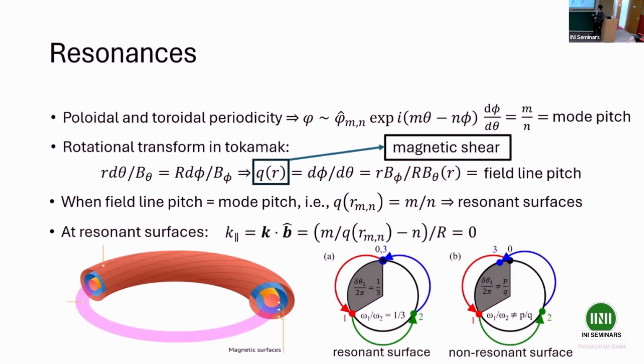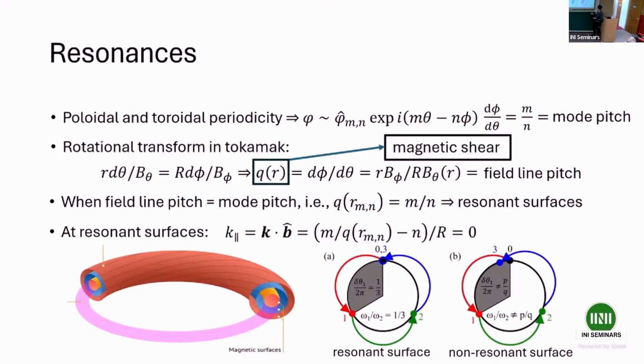This is just a poloidal cross-section of the tokamak. You can think of this picture as a concrete map of the field line. For resonant surfaces, each time the field line crosses this poloidal cross section, it will leave a point on this cross section.